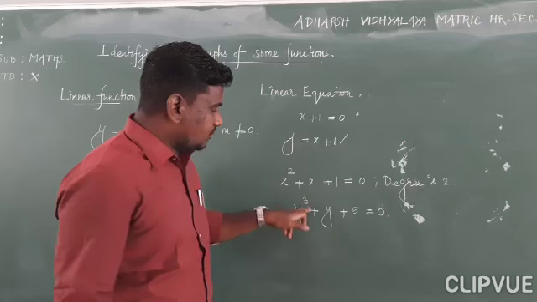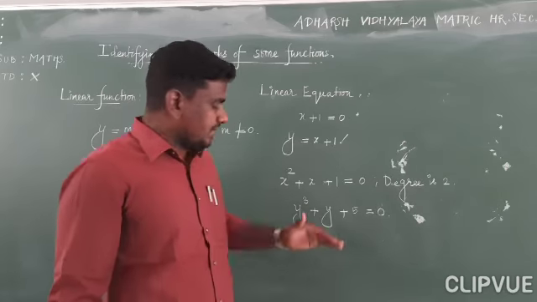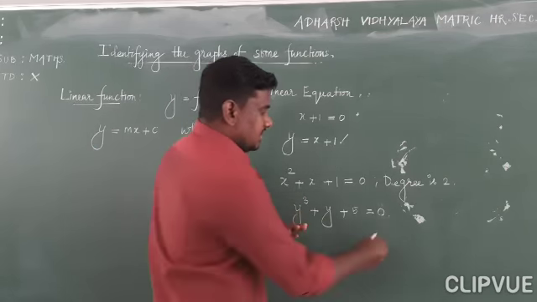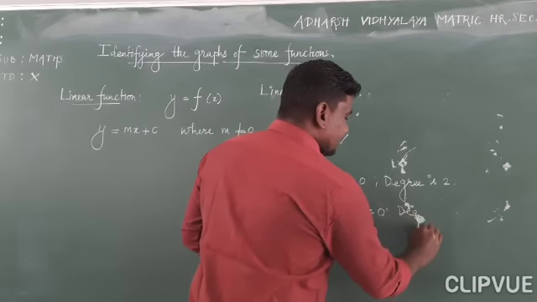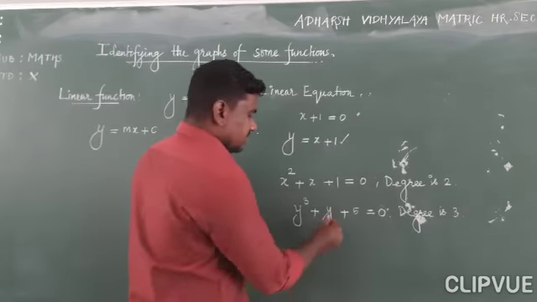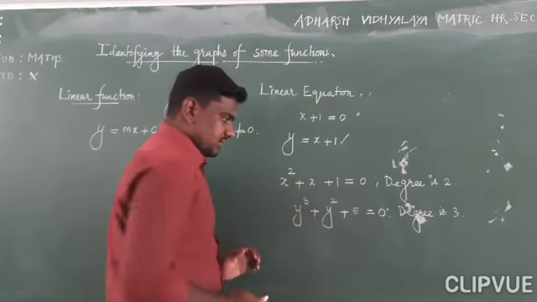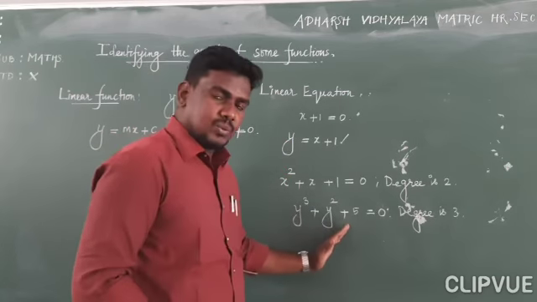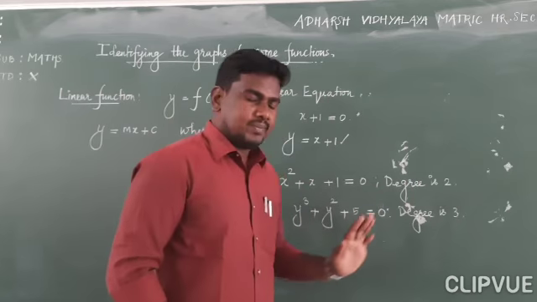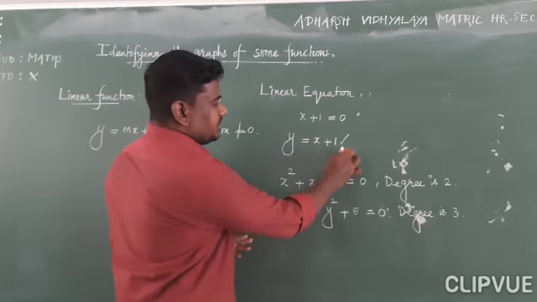In y cube plus y plus 5 is equal to 0, the highest power is 3, so the degree of the equation is 3. Now take y is equal to x plus 1.